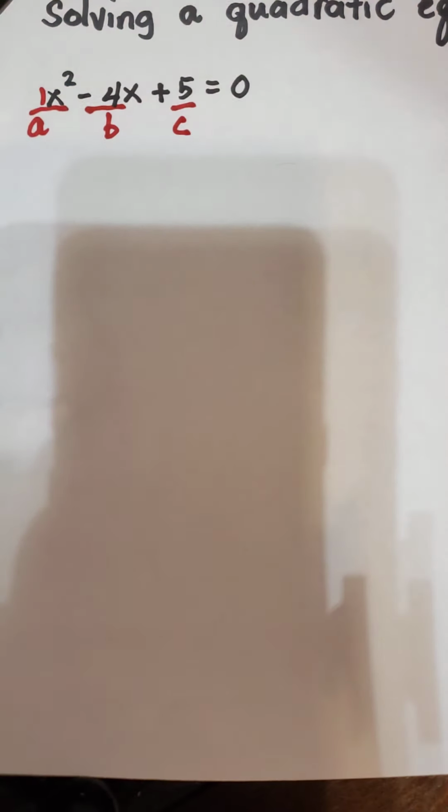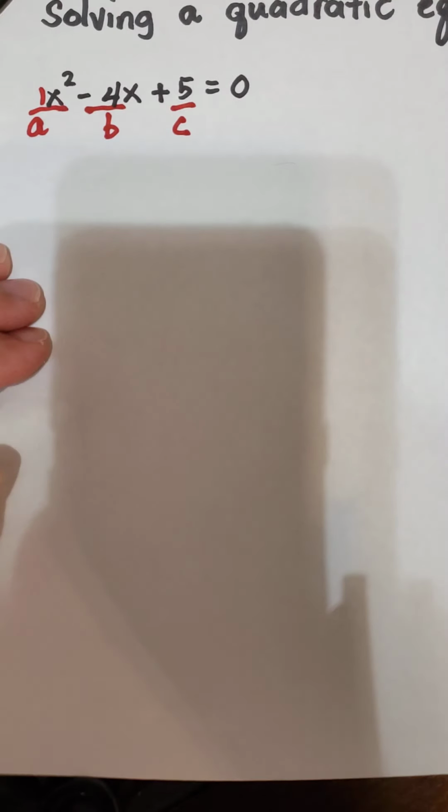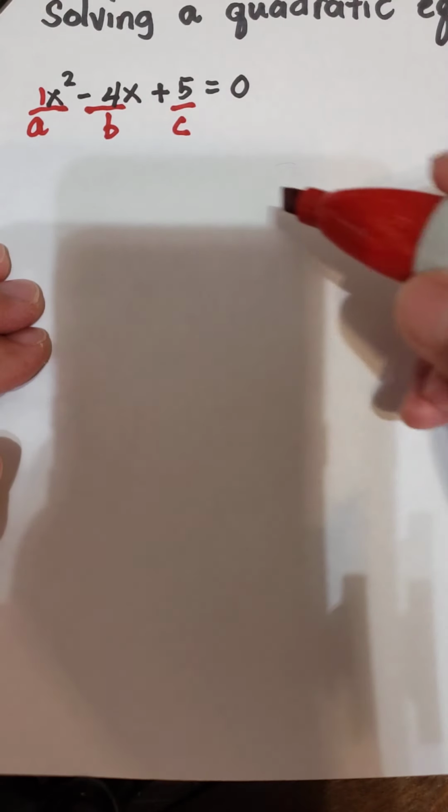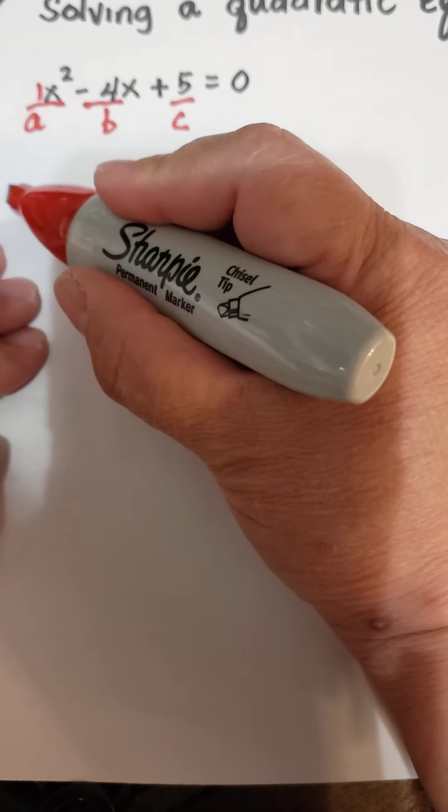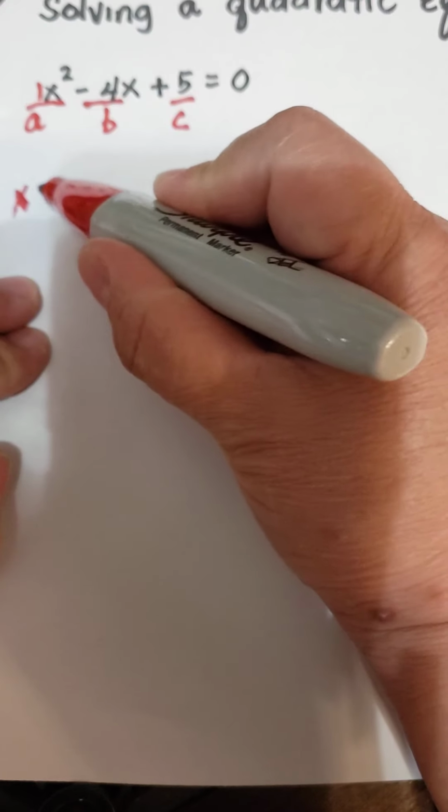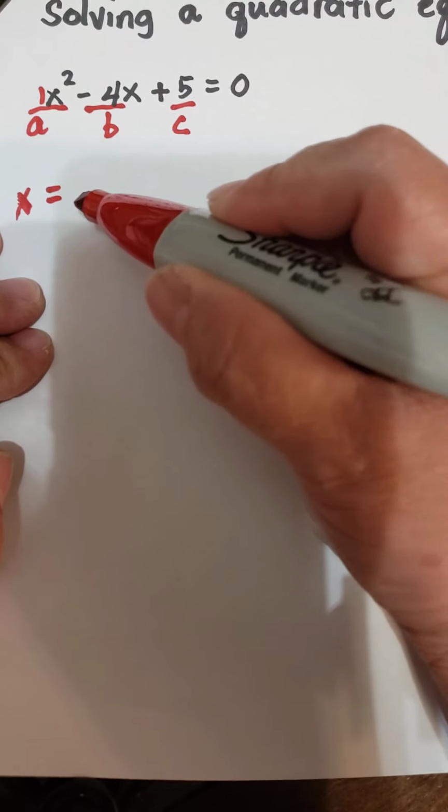So plugging that into our quadratic formula, x equals negative b.